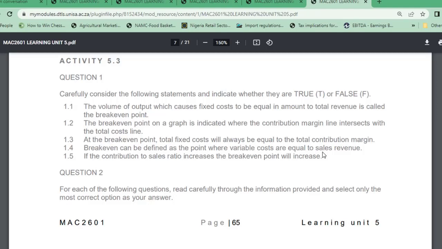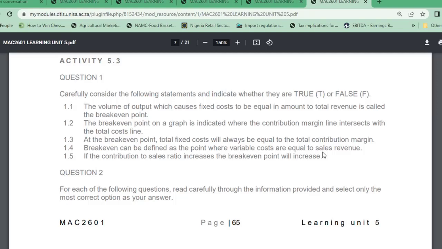I don't know if you guys understand. So if my contribution is 500 and my fixed cost is 100 rand, let's do the math. 500 divided by 100 rand gives me 5. So that means that for us to break even, I need 5 units.